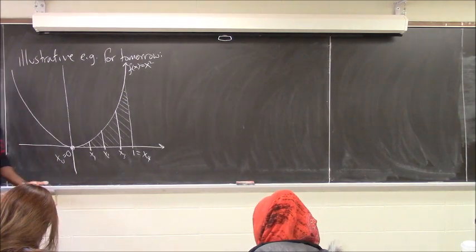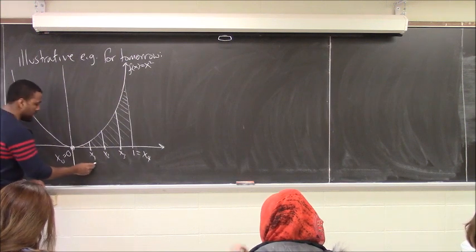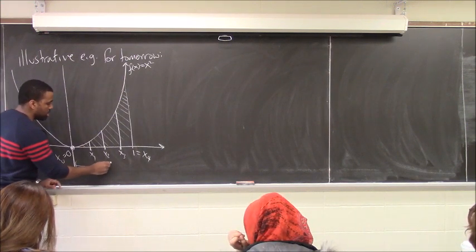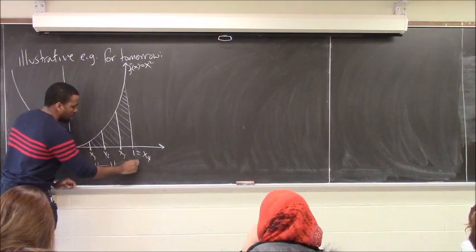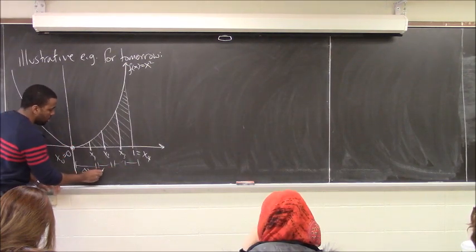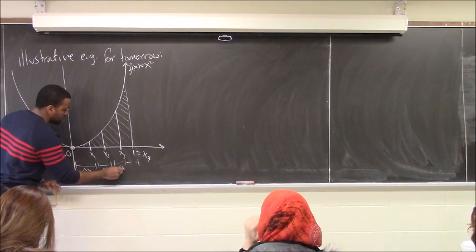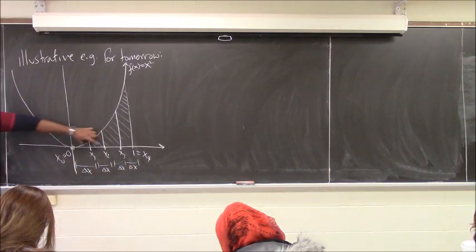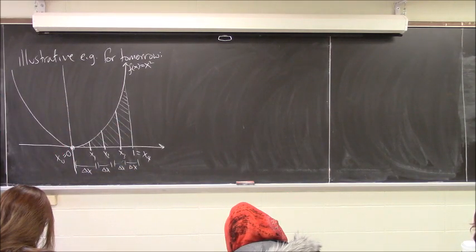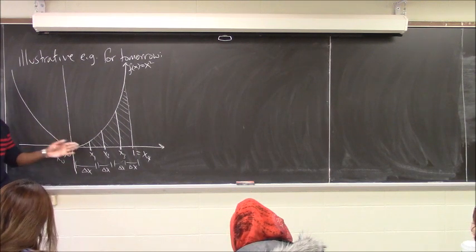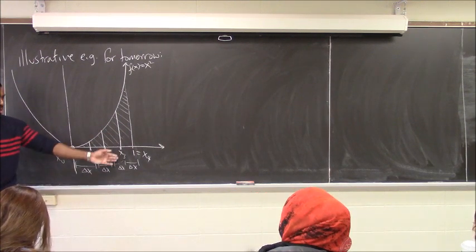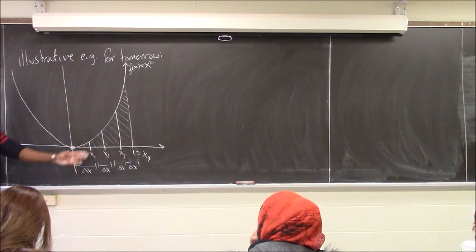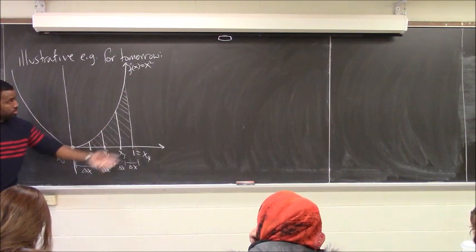And again, just to keep things simple, I'm going to imagine that I cut this into 4 sections evenly. So the distance for all of them is going to be what I call delta x. I'm going to cut up this interval into 4 equal sections. Clearly here you'd know that this is 0, that's 0.25, that's 0.5, that's 0.75, that's 1.